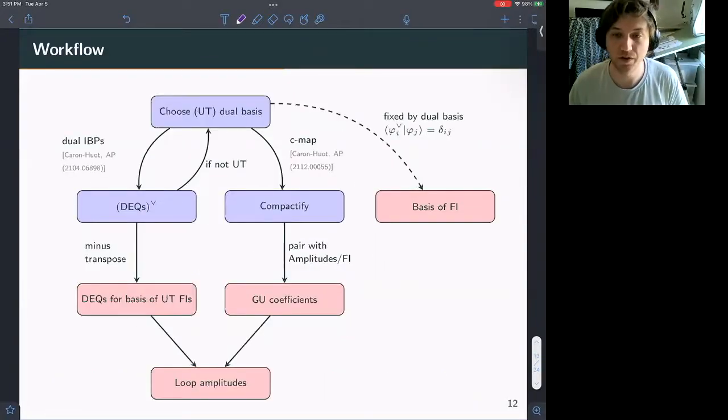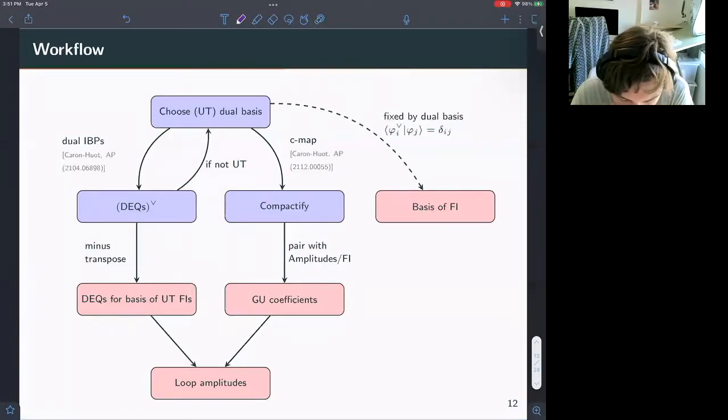The sort of bird's eye view of how all of this works is that we need to start by choosing a basis of dual forms, and we would like to do it in a certain way. Once we choose this dual basis, we have to compute the differential equation satisfied by these dual forms.